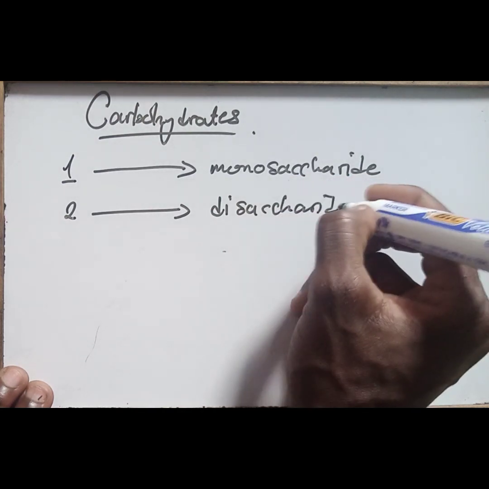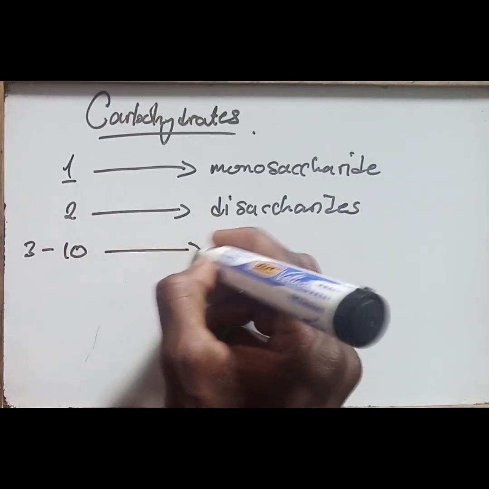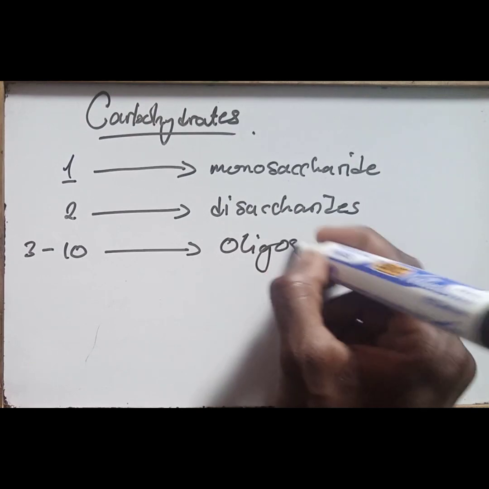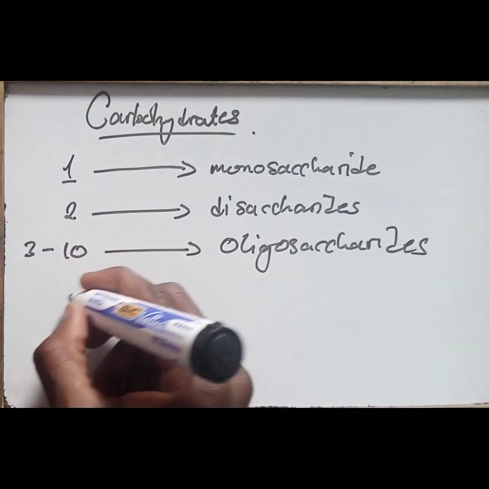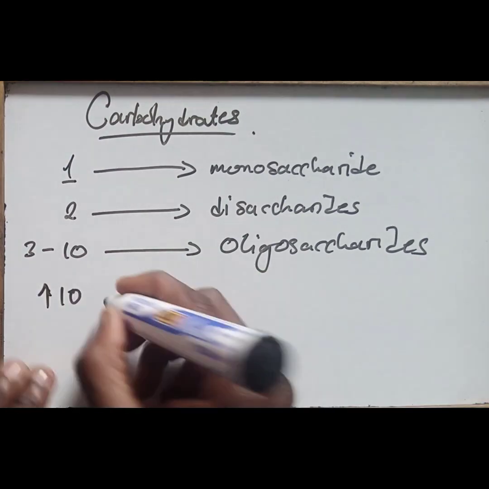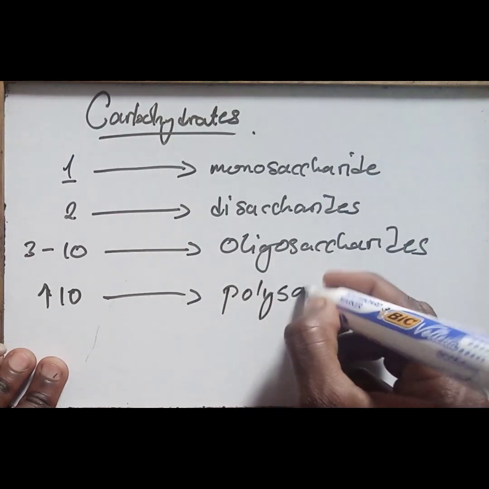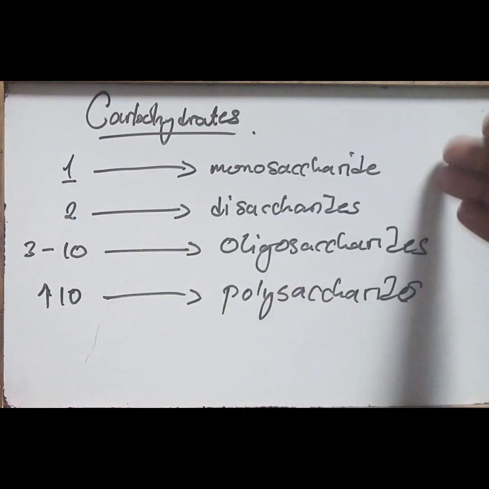Carbohydrates with 3 to 10 saccharide units are said to be oligosaccharides, while carbohydrates with more than 10 saccharide units are said to be what? Polysaccharides. So this is how we can classify carbohydrate, according to the number of saccharide units.